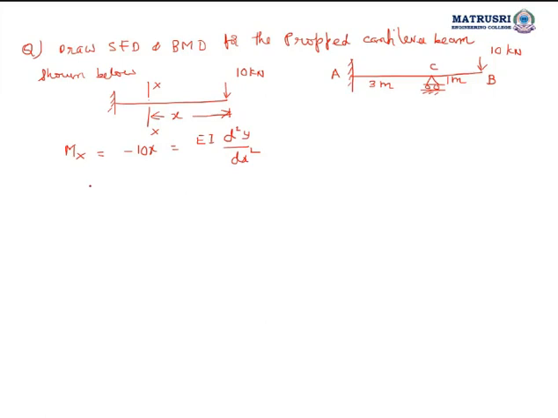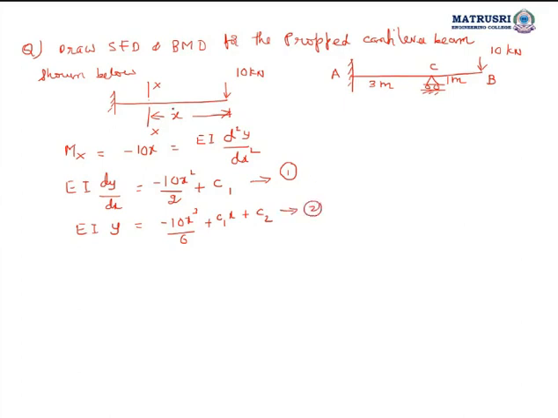On integrating, EI dy by dx is equal to minus 10 x square by 2 plus C1. So this I'll take as equation number 1. Again integrating, EI y is equal to minus 10 x cube by 6 plus C1 x plus C2. So equation number 2.